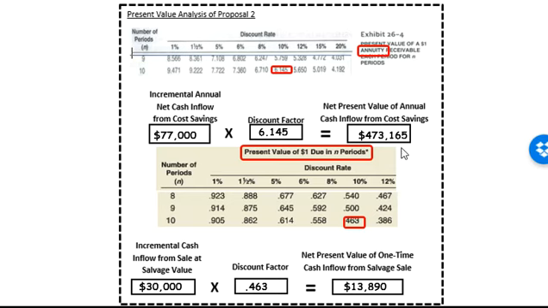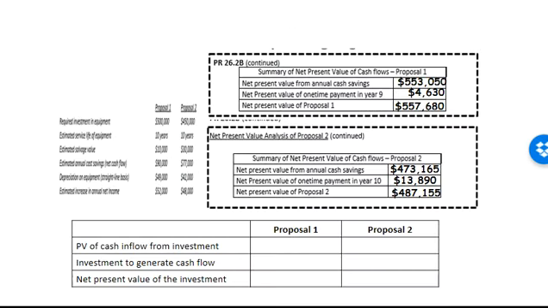So from that, I take the present value of my annual payments, $473,165, and the present value of the one-time payment in year 10, $13,890, and plug those into proposal 2.